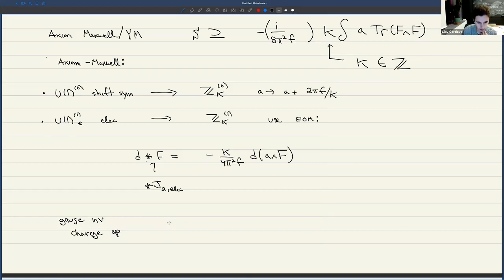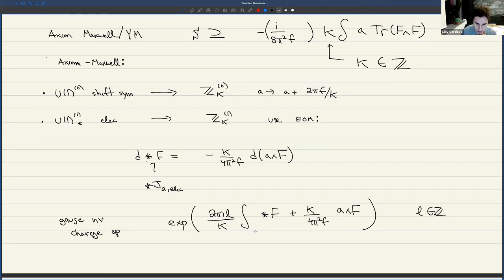Is that we can write the gauge invariant charge operator. So we could try to make a one-form charge, which we would write like this.